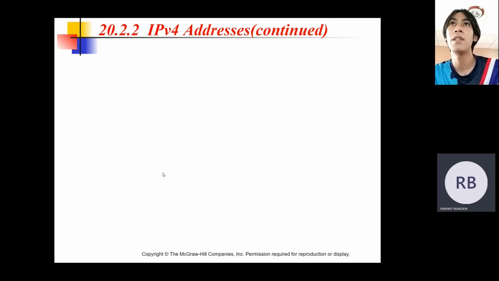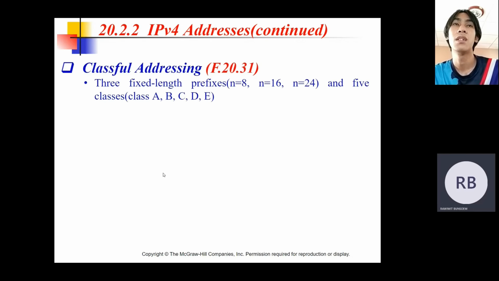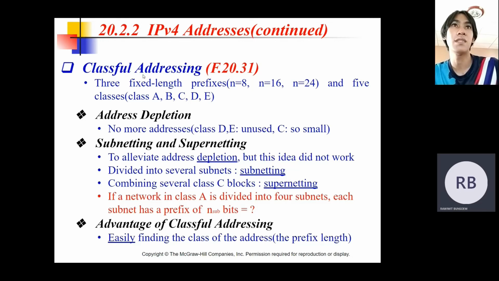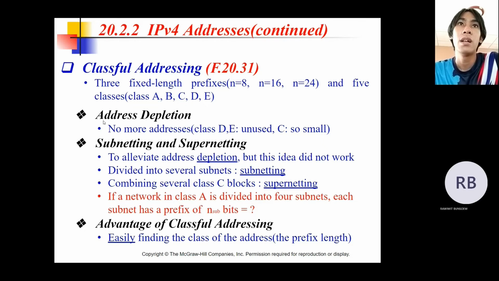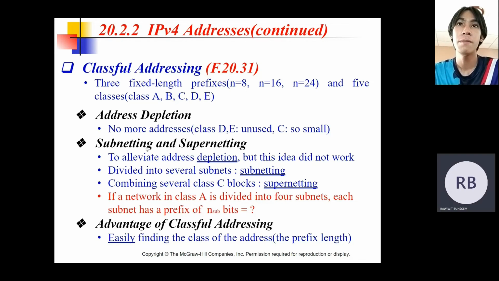The next is IPv4 addressing continued. Classful addressing has a fixed prefix and five classes. Address depletion: no more addresses. Subnetting and supernetting were used to alleviate address depletion, but this idea did not work.